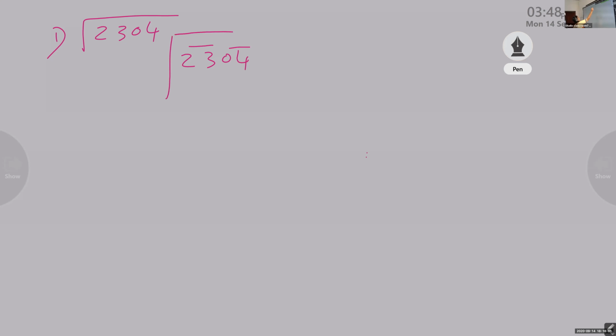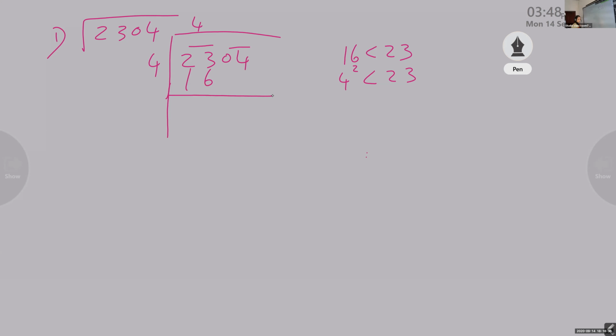Then find a number less than 23 which is a square number. 16. 22 is not a square number. 16 is less than 23, or 4 squared is less than 23. Now this 4 is the first divisor and first quotient. 4 fours are 16.